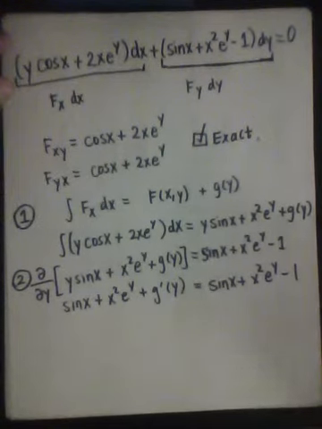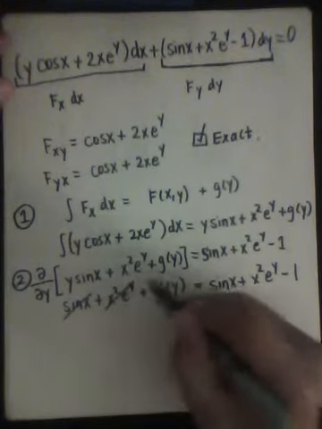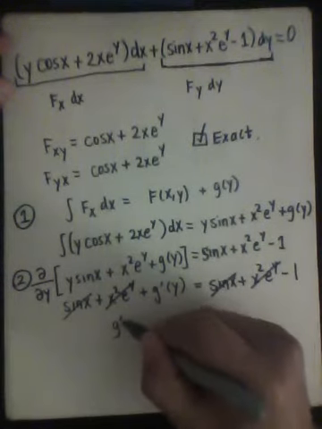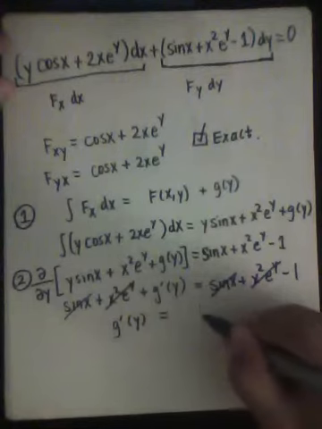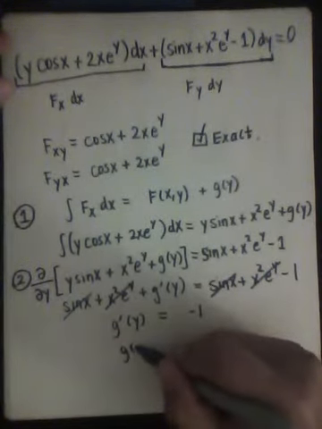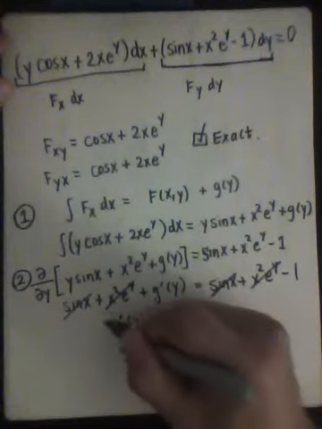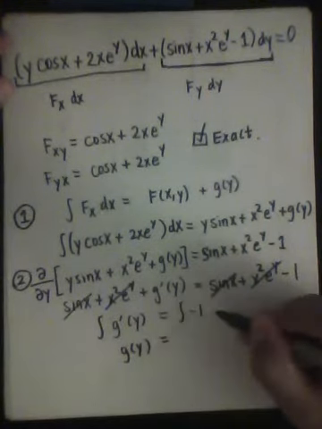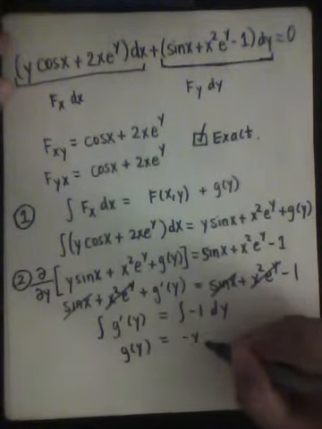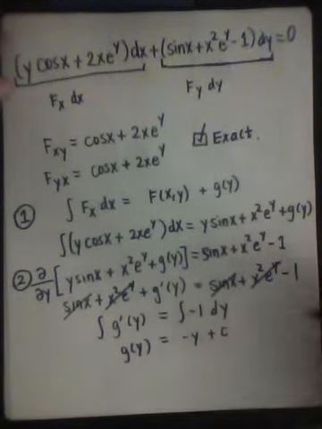Okay, so these terms cancel out because they're on the same side, leaving us with g prime of y equals negative 1, sorry. But to get just g of y, we need to integrate both sides with respect to y. This would yield negative y plus a constant c.